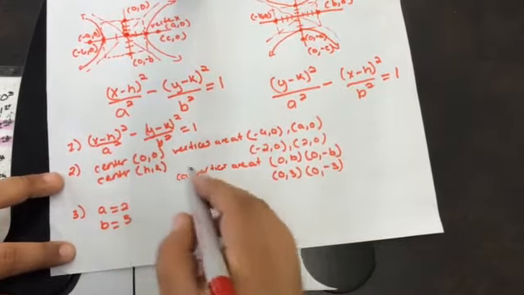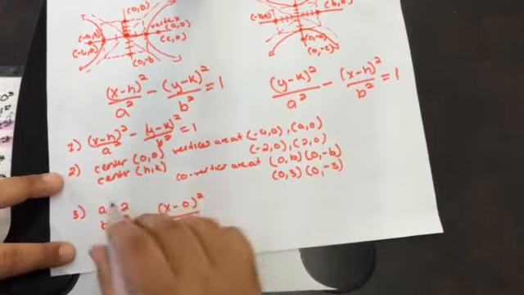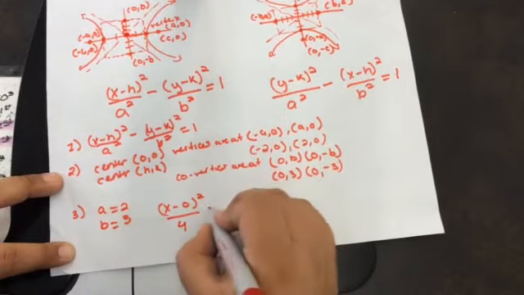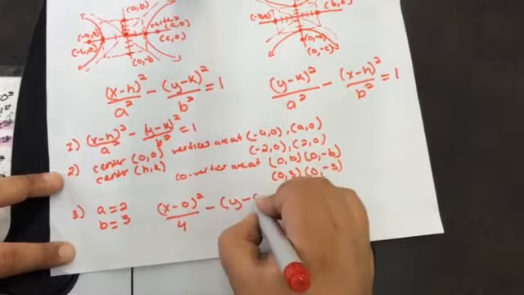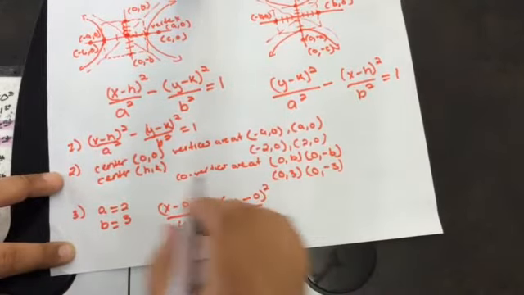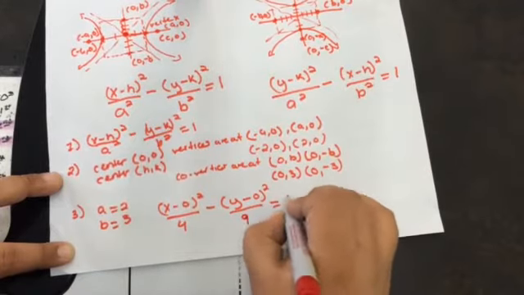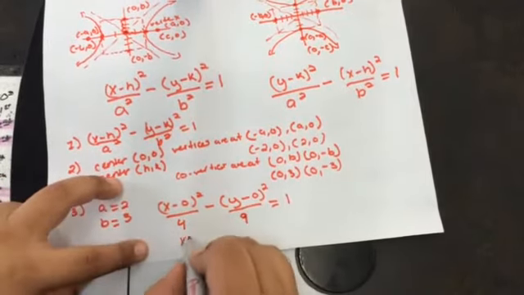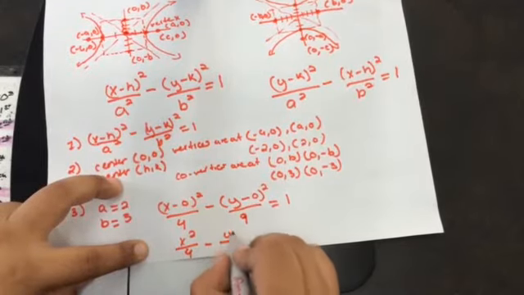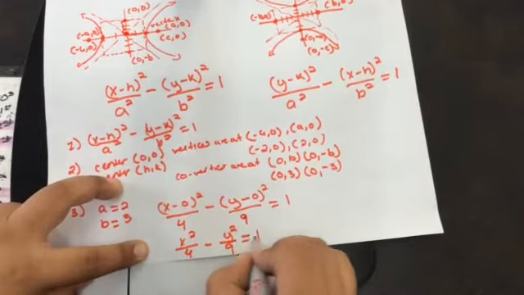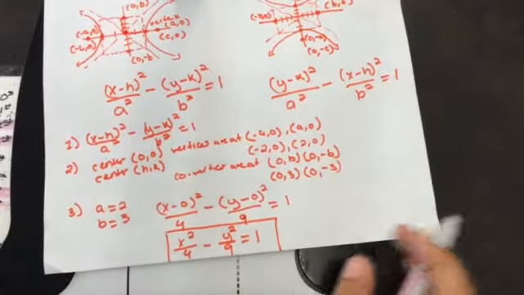So our center was 0 and 0. So then it's going to be x minus 0 squared over a squared, which is 4, minus y minus k, which is 0, squared, over b squared, which is 9, equals 1. So x squared over 4 minus y squared over 9 equals 1. And that's your equation.